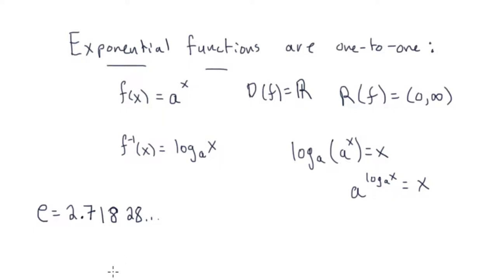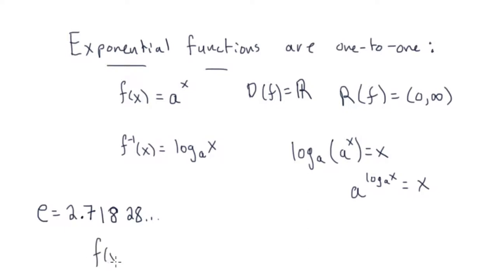It's sort of like pi. It's irrational. It just goes on forever. There are computers right now trying to list out as many possible digits of e as they can, but this is just a number.